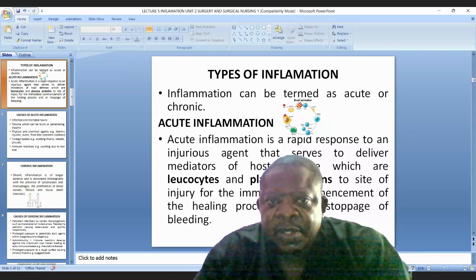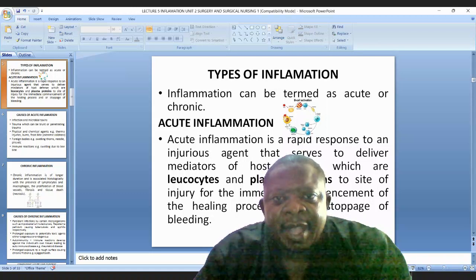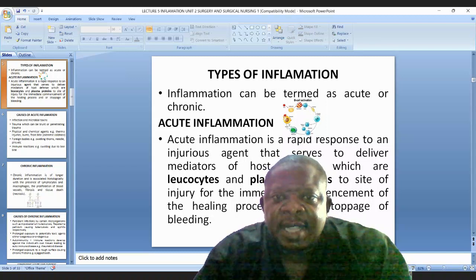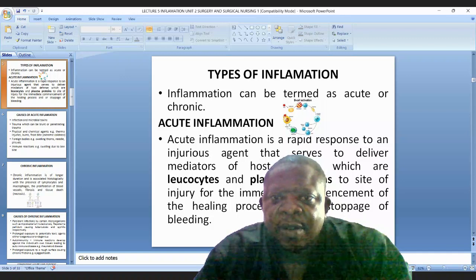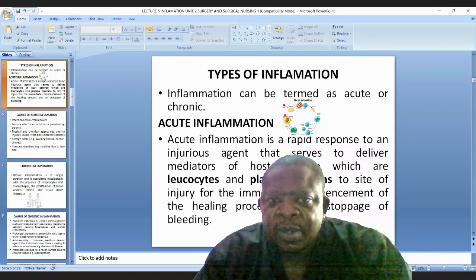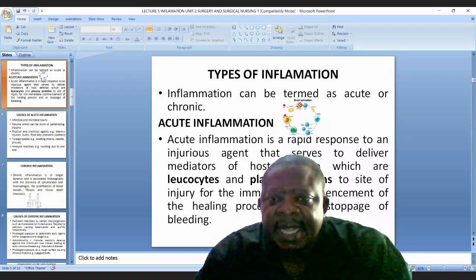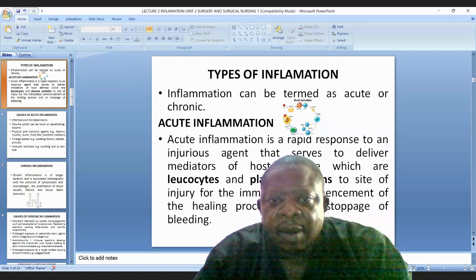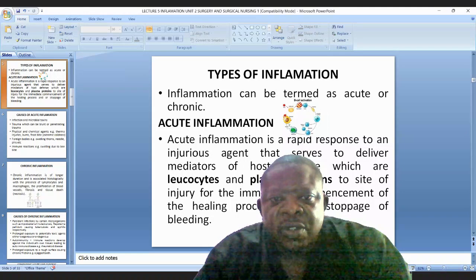So what is meant by acute inflammation is that there is rapid response to an injurious agent that serves to deliver mediators of host defense, which are leukocytes and plasma proteins, to the site of injury for the immediate commencement of healing process or stoppage of bleeding.